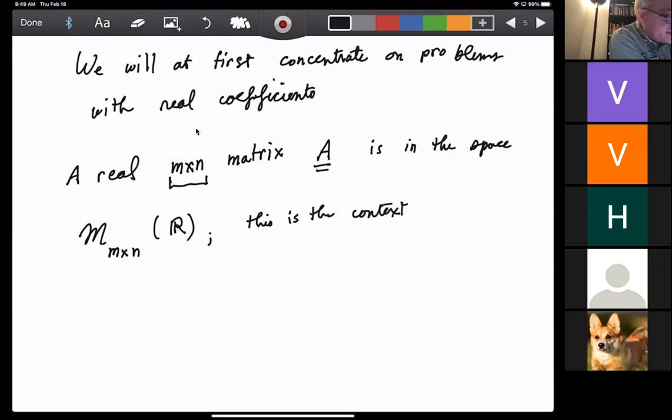This is the context we'll be using for now. Later, we might worry about the set of matrices where we allow the entries to be complex.